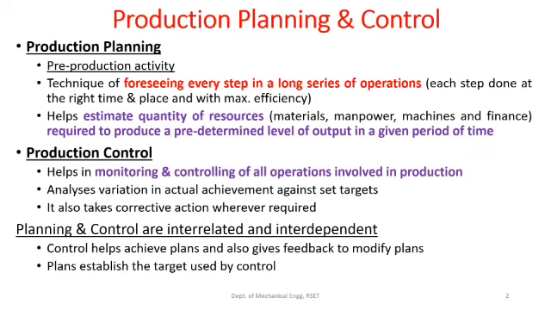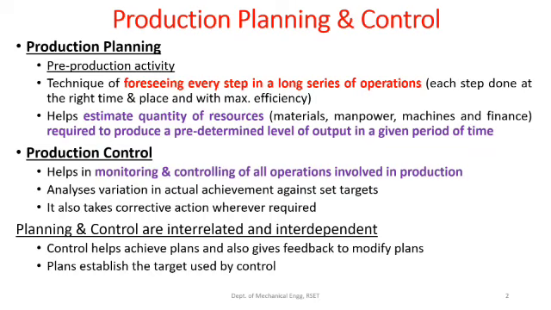So even though production planning is a pre-production activity and production control is an activity that takes place during production, these two activities are together clubbed as one function called production planning and control.